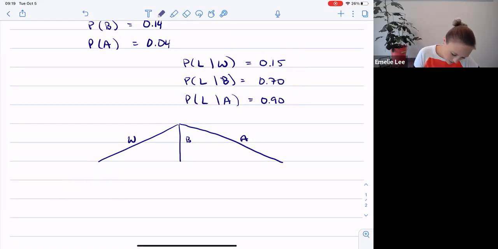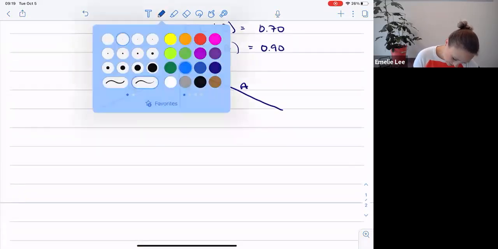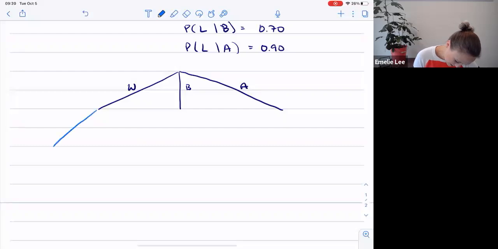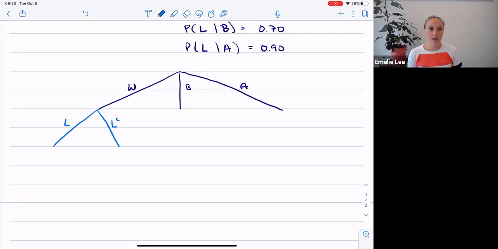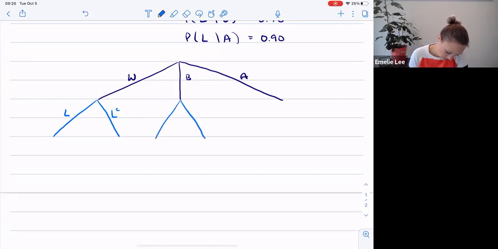Okay. So now we can have a second set of branches, and I'll use a different color maybe, where they're either lactose intolerant, or we'll use the complement. They're not lactose intolerant. Sometimes you might want to use a different variable name here, but I just find that it's easier if we just talk about the complement in these cases. So we can be lactose intolerant or not.